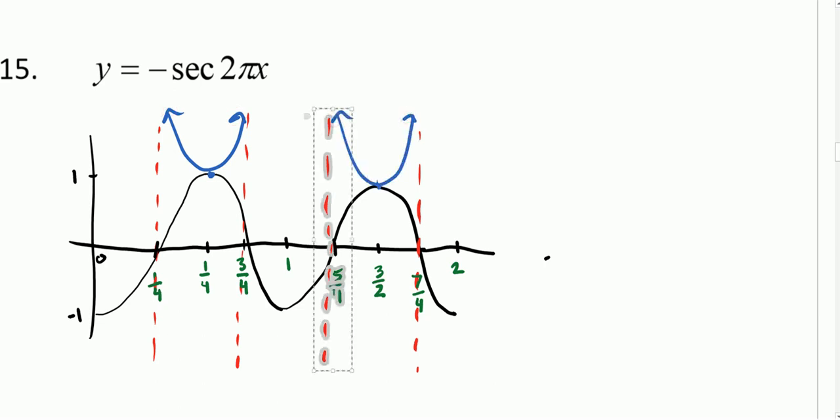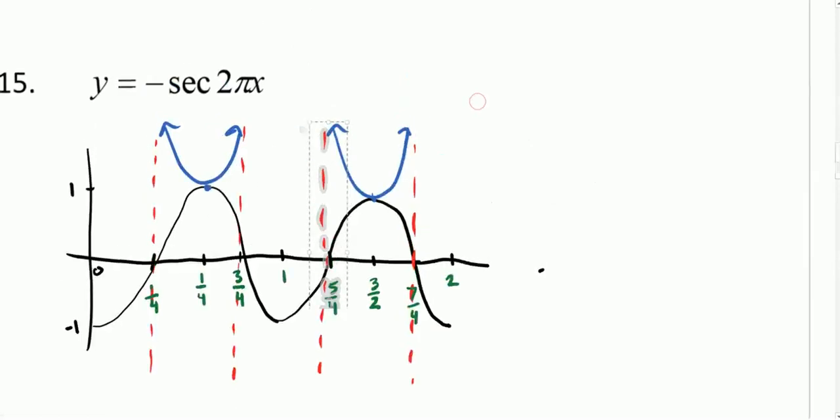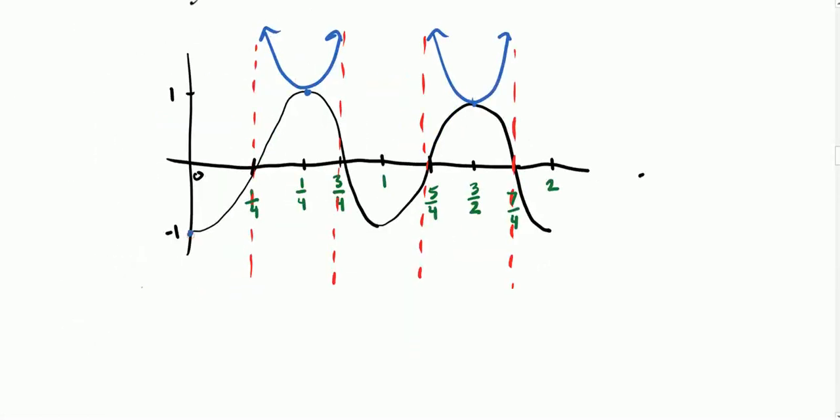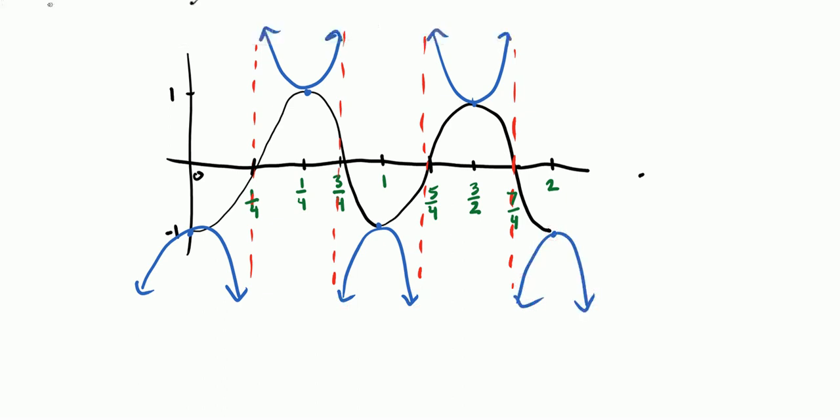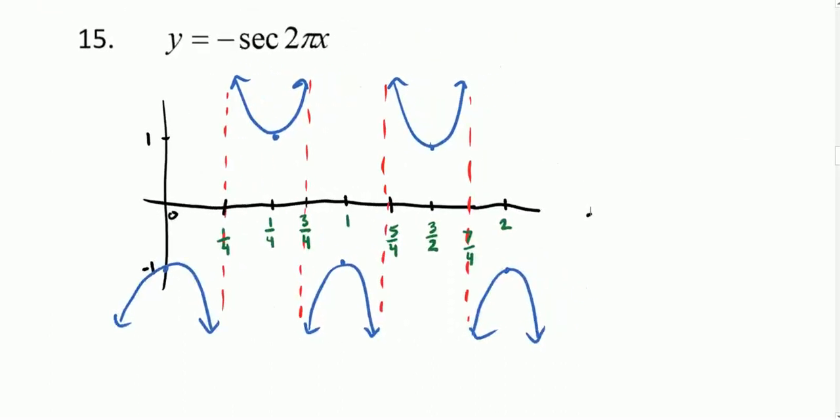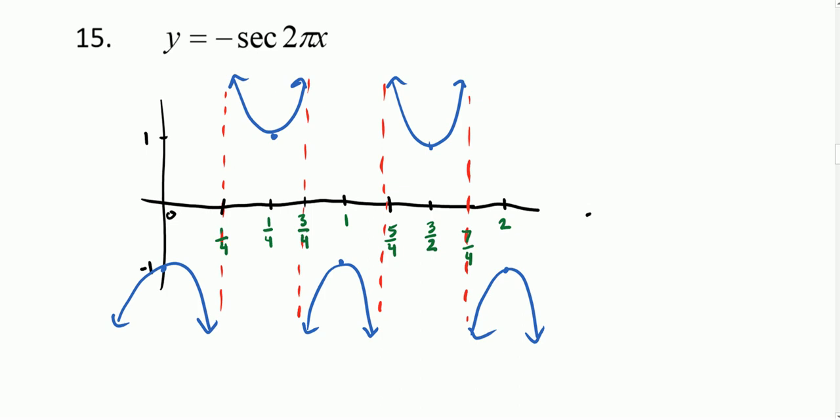Wherever there's a minimum, sorry, that's where you got your frown. And we can get rid of our helper function here. And there it is. y equals negative secant 2 pi x.